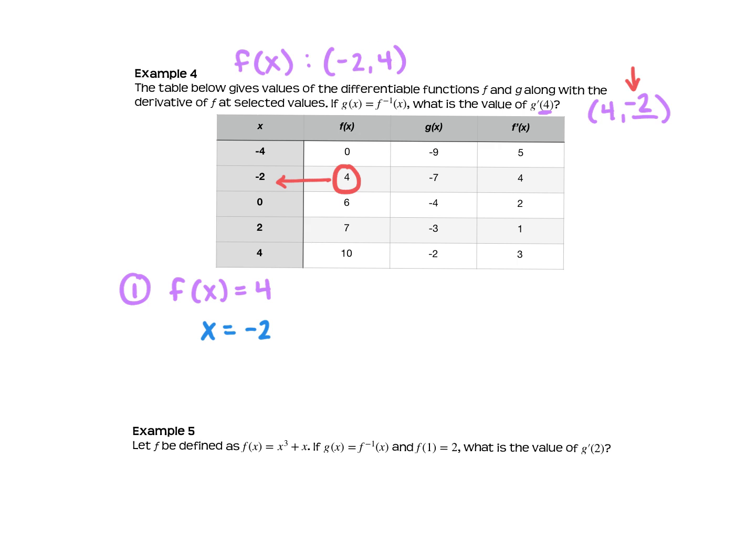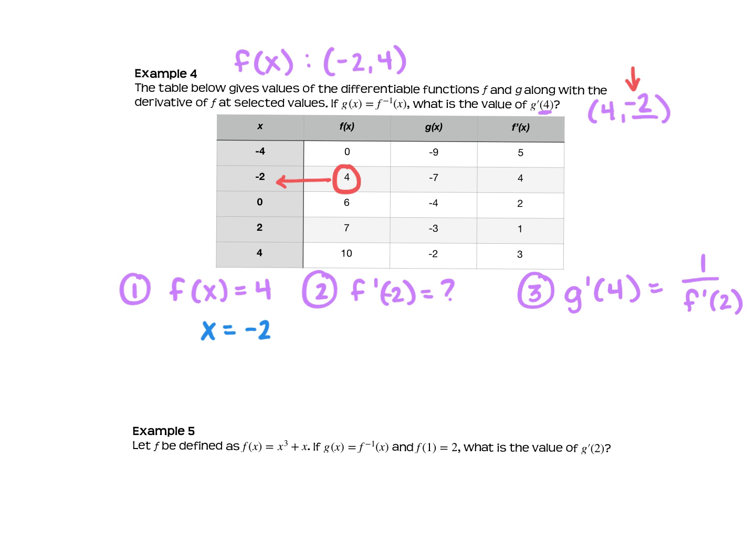So at the end of my problem, I already know that when I try to find g prime of 4, that's going to be related to the derivative of f at -2. It's a reciprocal, so it's 1 over f prime of -2. The question now is, what does that f prime of -2 look like? That's pretty easy, because I have f prime here. Oh, I'm so sorry, this is a -2. Where did I screw this up?